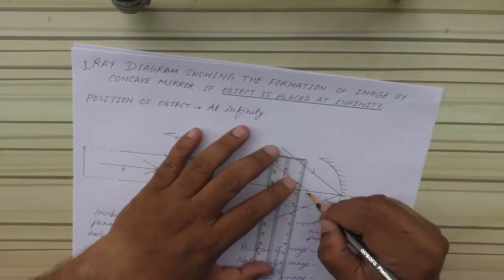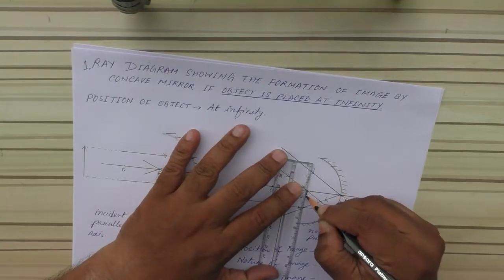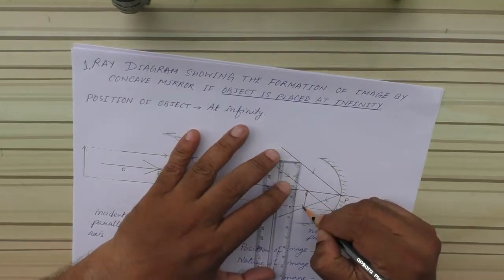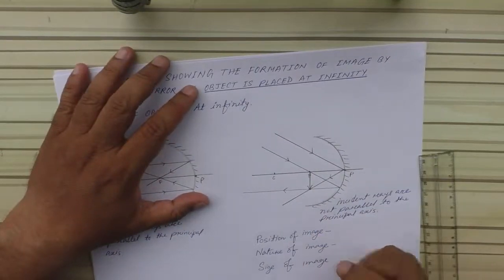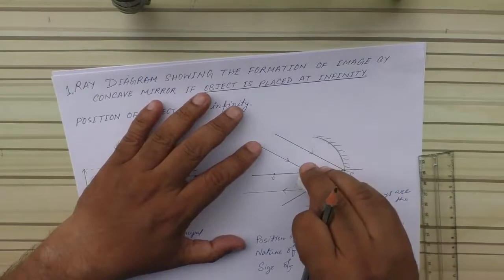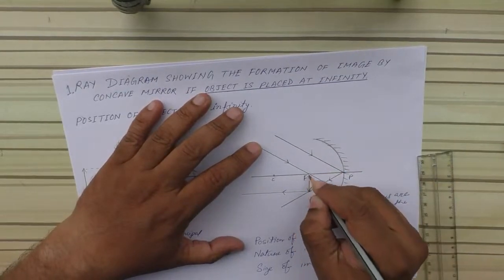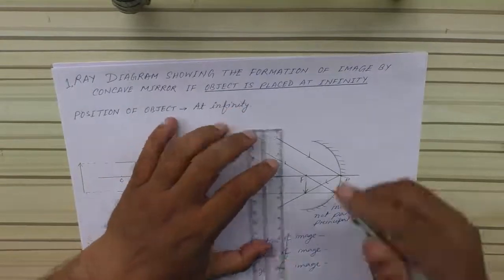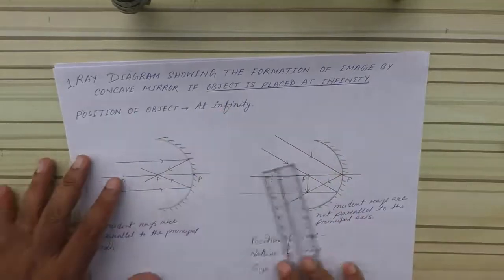So from this point I can draw an image. So the image is formed at the focus. We can mark the focus properly. Yes, F represents the focus, and the image is formed at the focus.